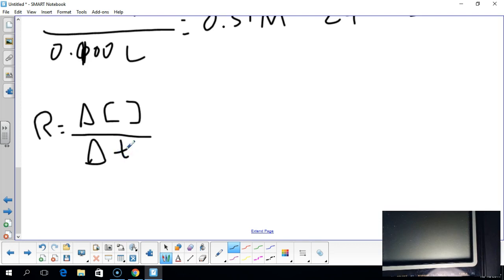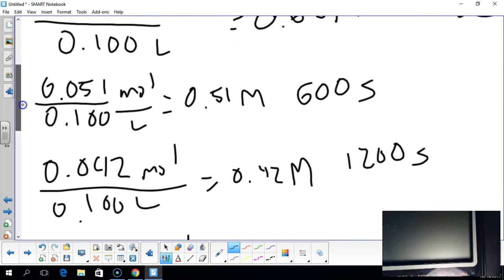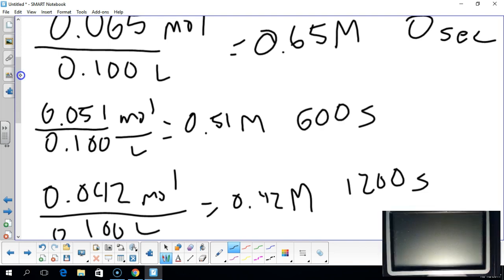So from 0 to 10 minutes, it doesn't matter which order we put them in, as long as we put both numbers in the same order.